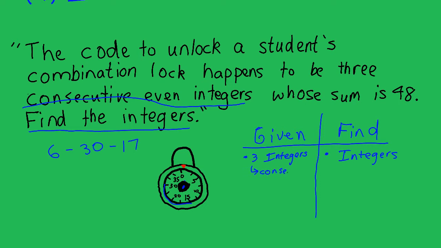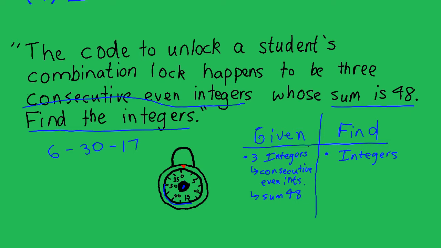Consecutive even ints for integers, and their sum is 48. Sum 48. So here's what we know. We've got 3 consecutive even integers whose sum is 48, and we have to find those integers.